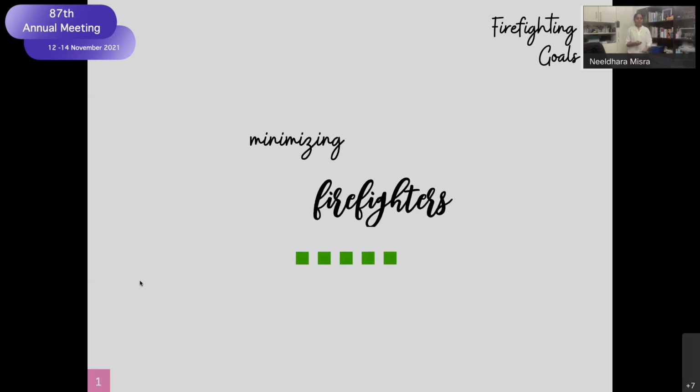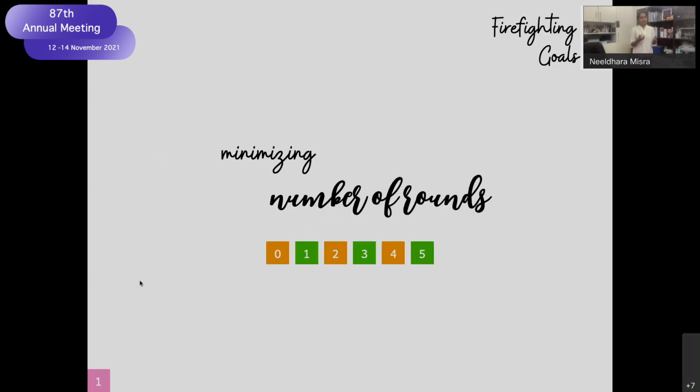Similarly, you could think of minimizing the number of firefighters that you deploy, because you could think of firefighters as being a resource that costs you. So you're working with a limited budget and you can only deploy so many firefighters. And that's roughly the same as trying to minimize the number of rounds. This is a very destructive game, so you don't want it.